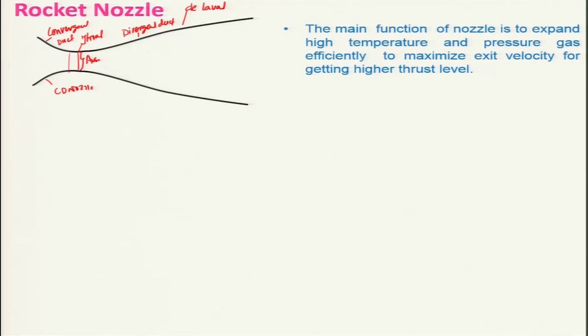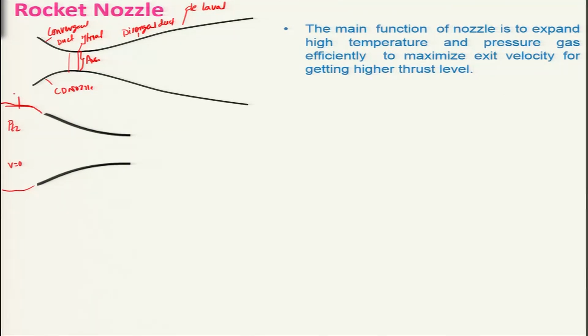So, a question might be lurking in your mind, why this convergent and divergent portion? Why can we not have a nozzle having only the convergent portion? Let us look at why it is so, considering that this is connected with a reservoir and having the velocity almost 0 in this case, because the area will be much higher, and the pressure is, let us say, PT2.